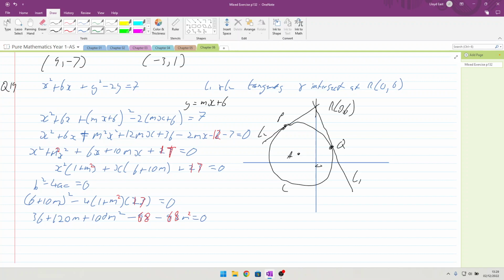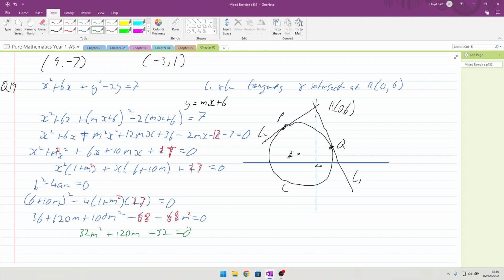So 100m squared take away 68 is 32m squared. Then we've got plus 120m, and now we've got 36 take away 68, minus 32. Hopefully we will get the correct solutions on the polynomial solver.